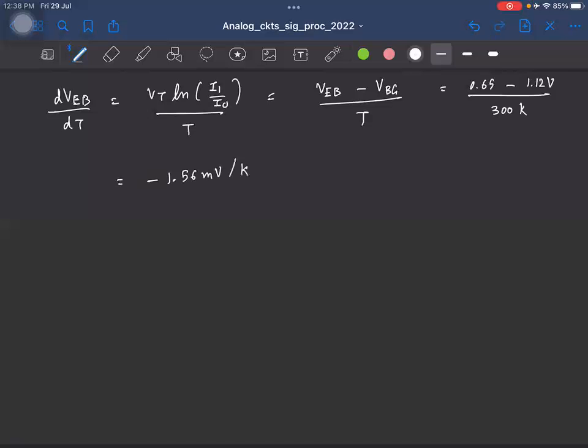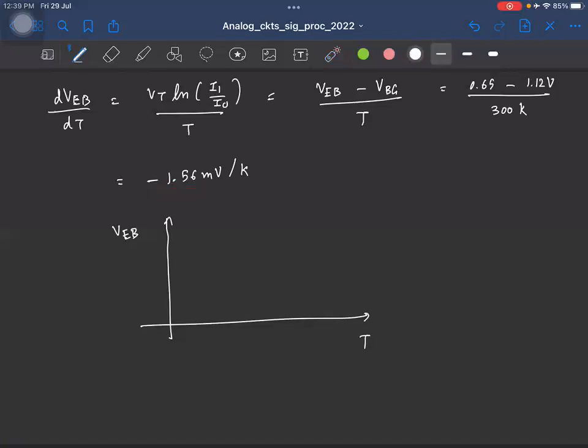Okay. So now with this understanding, if I plot the forward bias diode voltage versus temperature, how will it look? Will it increase, decrease, or constant? It should decrease, right? And we know that the slope is approximately this guy.